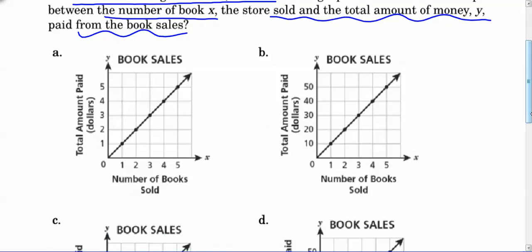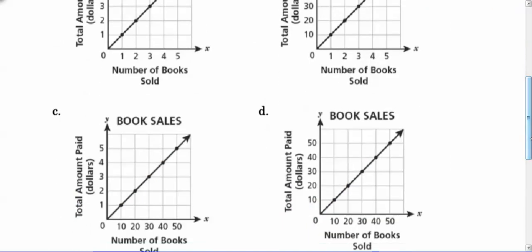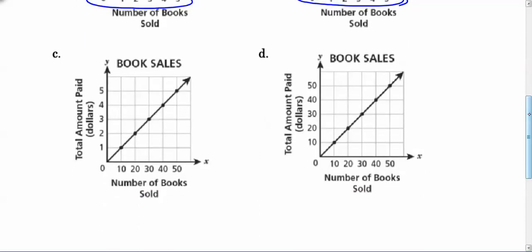So if you look at the number of books, or the x-axis I should say, they all have the number of books sold. On A and B, you'll notice that the scale they used for the x-axis is increasing by 1. Versus down here on C and D, they're saying if you buy 10 books, 20 books, 30 books, 40 books, 50 books.